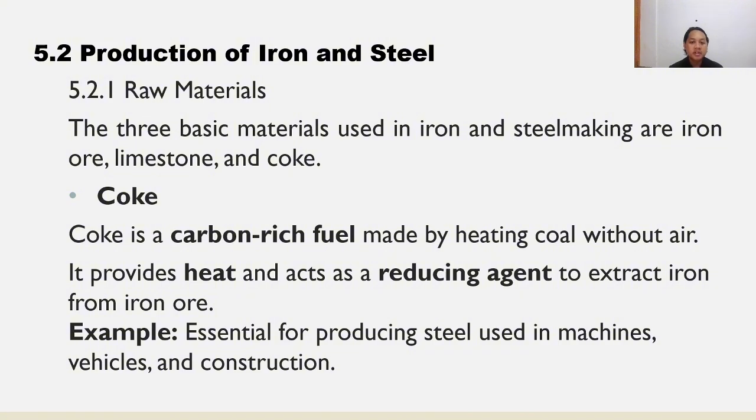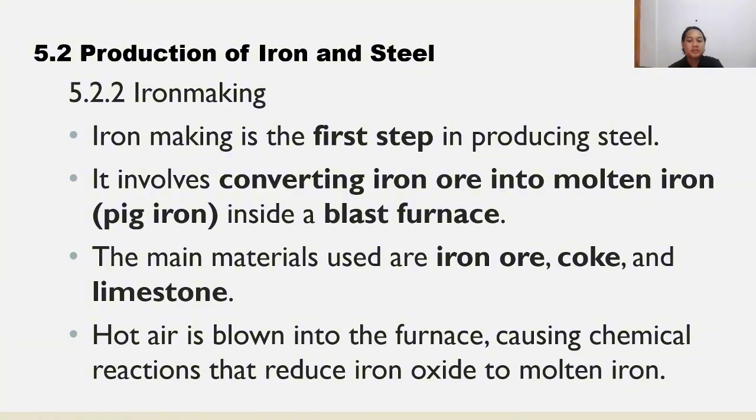Coke is a carbon-rich fuel made by heating coal without air. It provides heat and acts as a reducing agent to extract iron from iron ore. The example is essential for producing steel used in machines, vehicles, and construction.